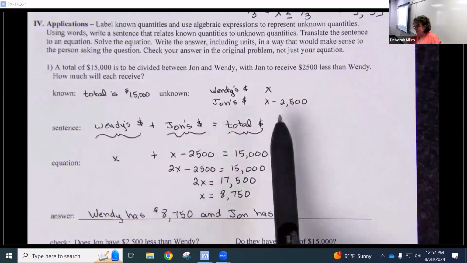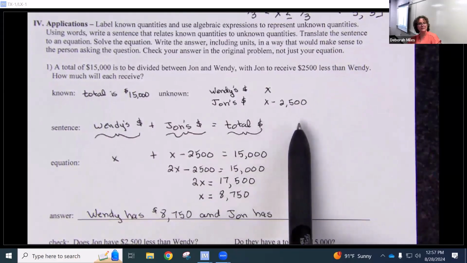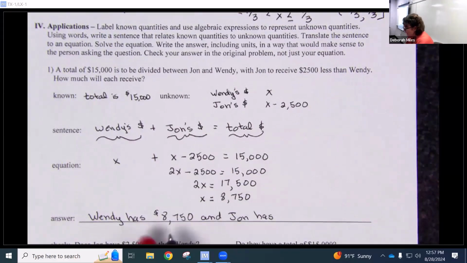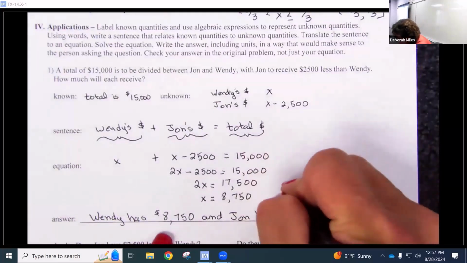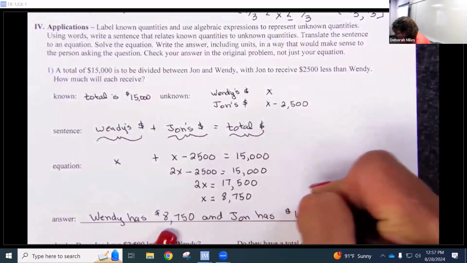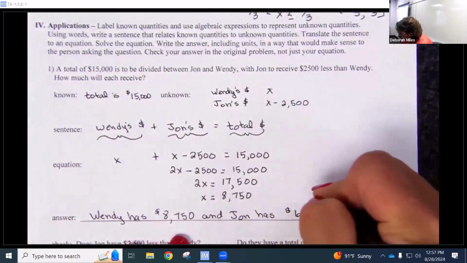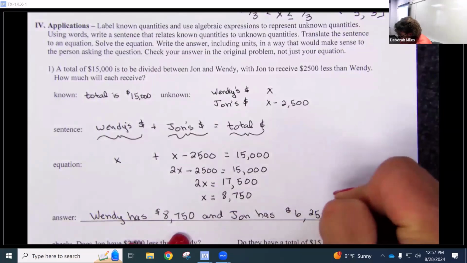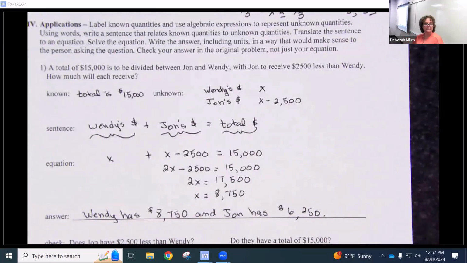Well, he has 2,500 less than Wendy. So if I subtract 2,500 from Wendy's, I would get $6,250 for John's part. And that makes sense to the person who asked the question.